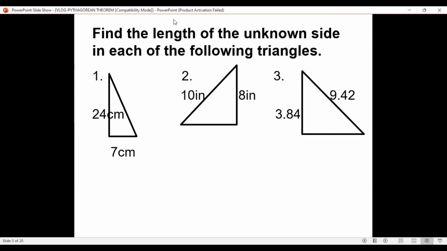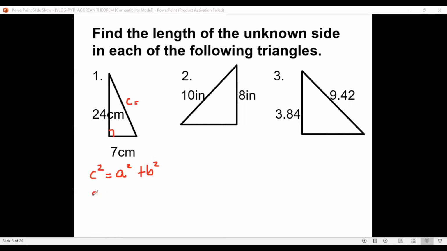It is obvious that the one missing is the hypotenuse, which is c. So how are we going to solve for this side? Using the formula, c squared is equivalent to a squared plus b squared, all we have to do is substitute the values.